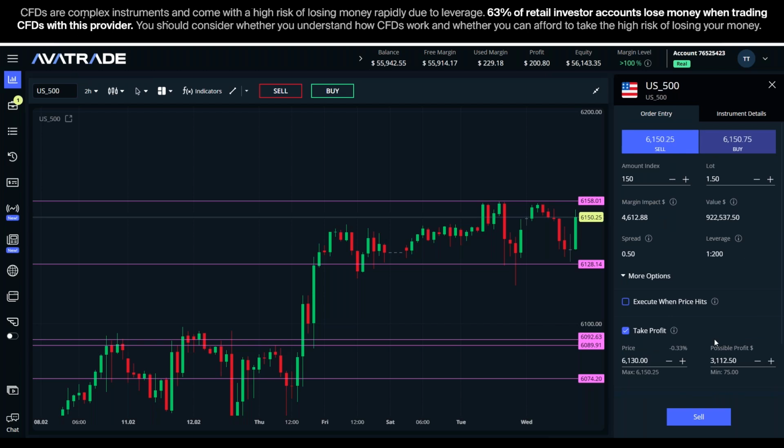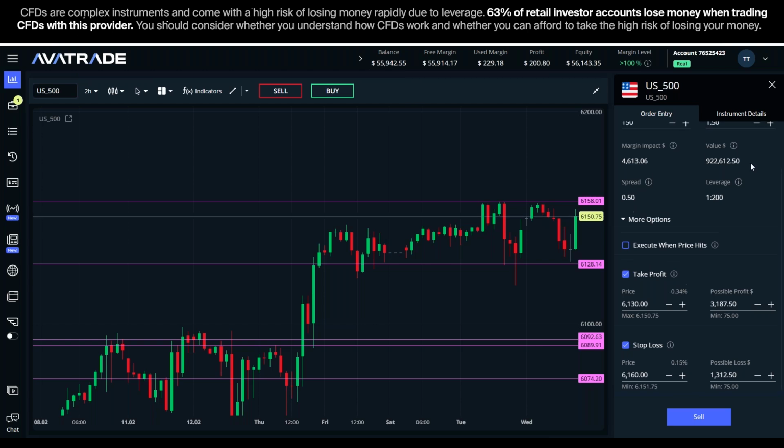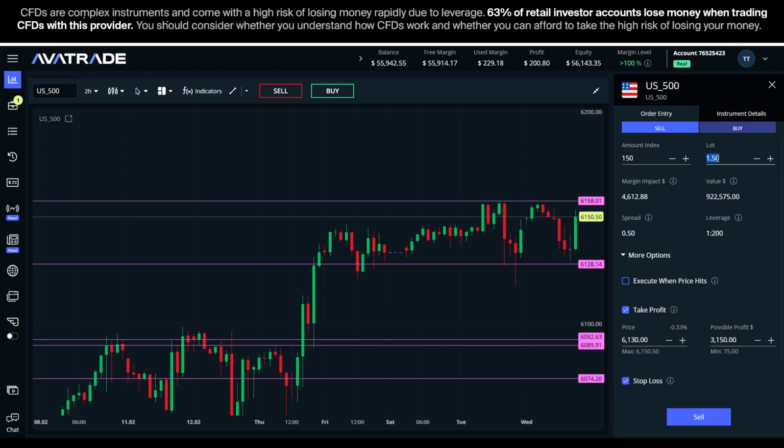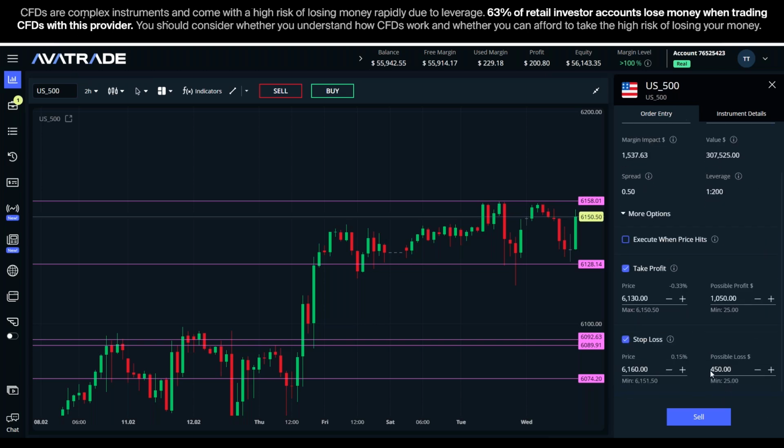Okay, then we can adjust the trade size to be the amount of risk that you're comfortable with. So if I'm comfortable with around 1% of my balance, or whatever percent of your balance or dollar amount that you're comfortable risking, then you adjust the trade size to be at that level. So if I do half a lot, now I'm risking 450, which is quite a bit less than 1%, but more than 0.5%.